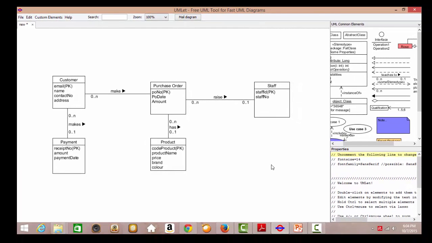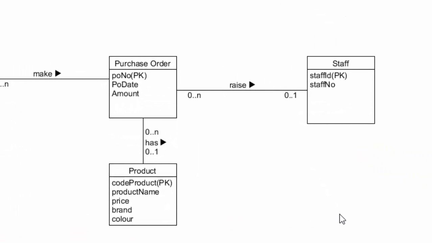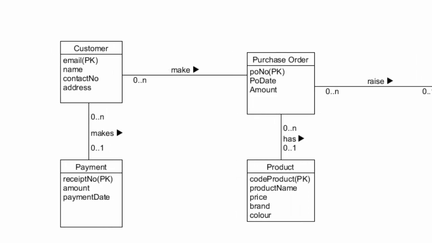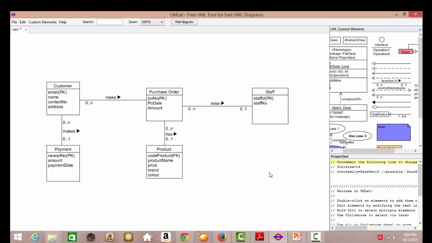The relationship between staff and purchase order. Purchase order raised by staff and customer makes payment. Purchase order has product. So after we do the relationship, we will do superclass and subclass.